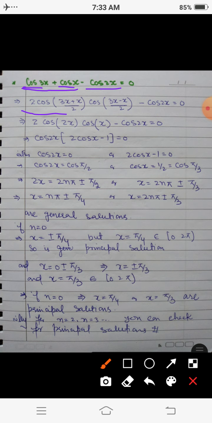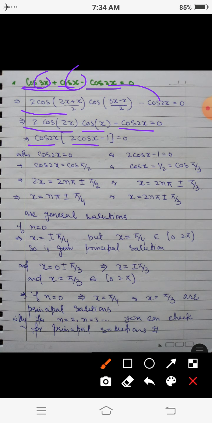Here a is 3x and b is x, and it is minus cos 2x. After solving this, it is simply 2 cos 2x cos x minus cos 2x. Taking cos 2x common, it is cos 2x times (twice cos x minus 1) equals 0.